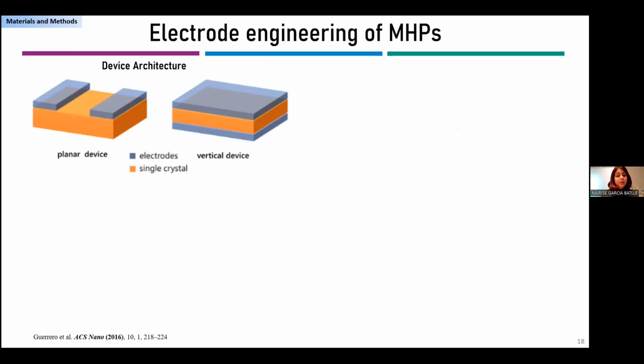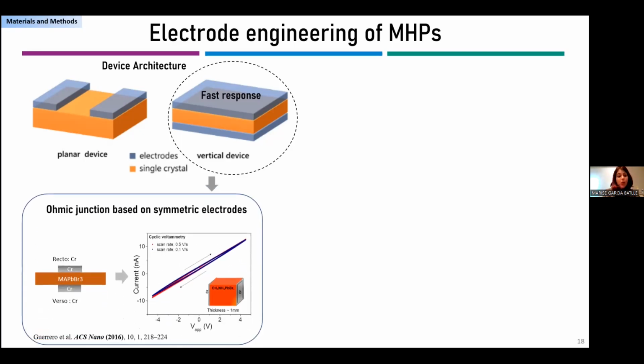So we started thinking about the architecture, and we observed that the vertical device presents the faster response due to the electrode spacing. Our first approach was to use the simplest configuration: ohmic junctions based on symmetric chromium electrodes.